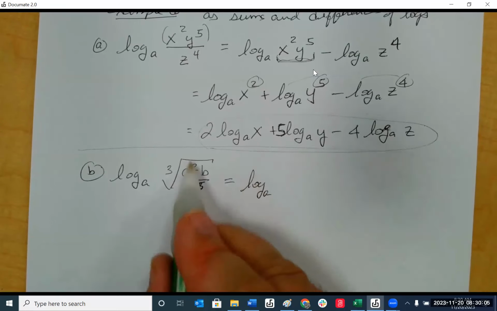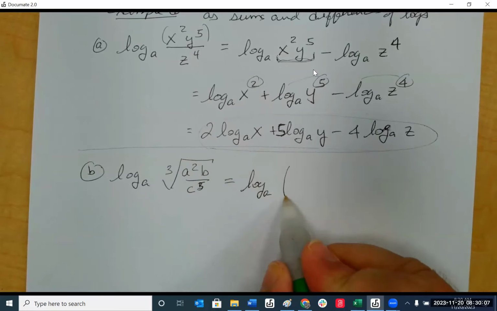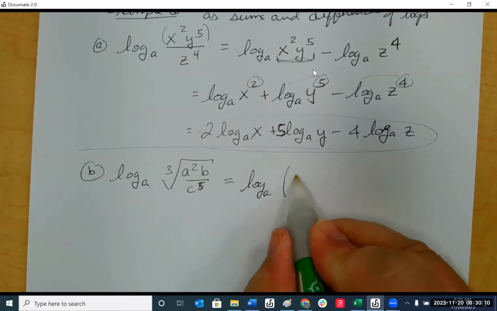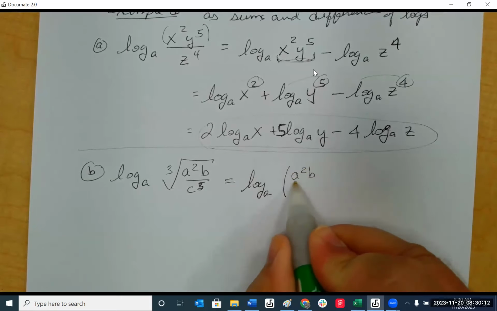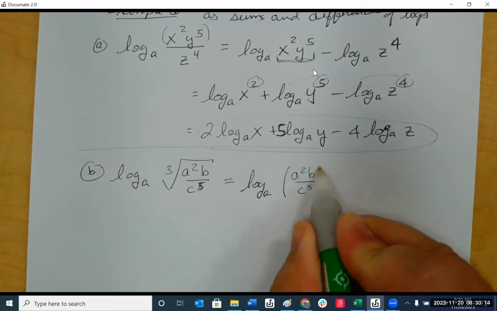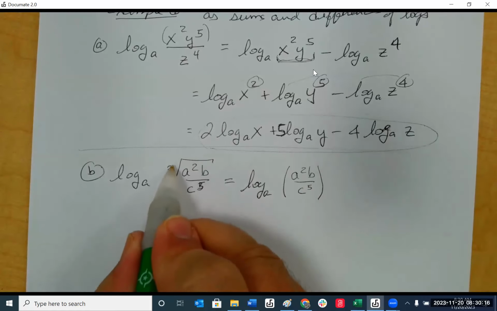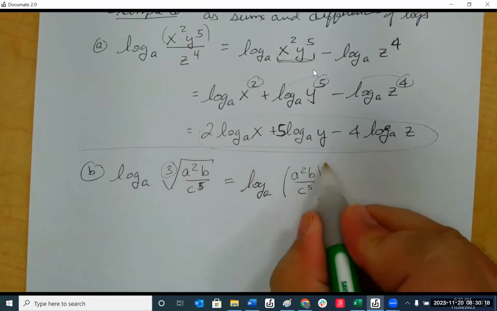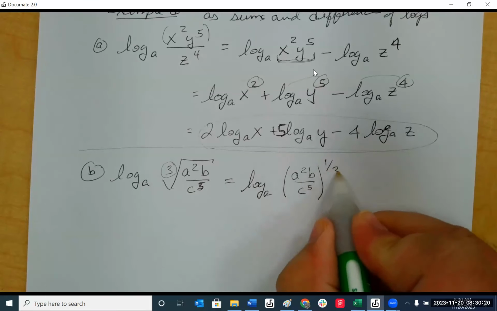The first thing we have to do is get rid of the radical. So it's A squared B over C to the fifth, to the power 1/3.